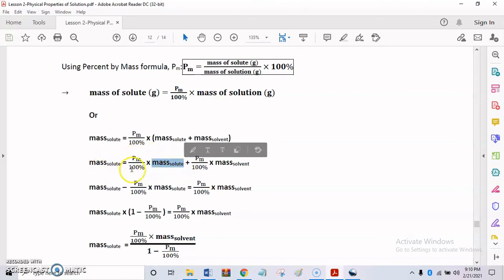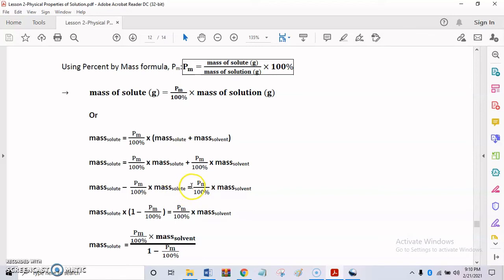So, this one, we can now move to the left. By moving that to the left, its sign changes from positive here to negative on the other side. So, mass solute, copy here. Then you move it to the other side, it becomes negative percent mass over 100% times mass solute.